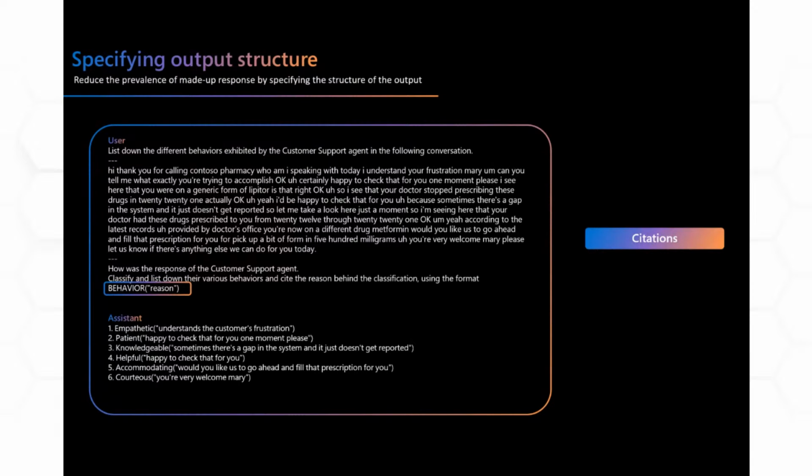And then we're telling it, how is the response of the customer support agent? Classify and list down their various behaviors and cite the reason behind the classification using the format behavior and reason. Here, we're telling the model to classify and also cite the reason in quotations. And you can see how it tells us empathetic gives the reason, patient gives the reason, and then classifies the others.